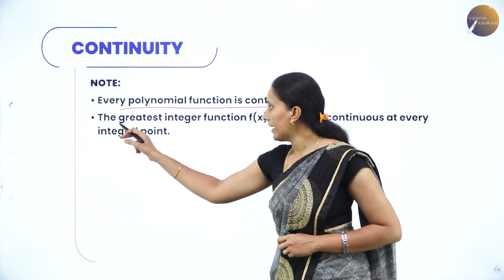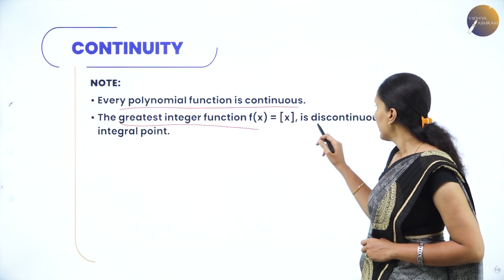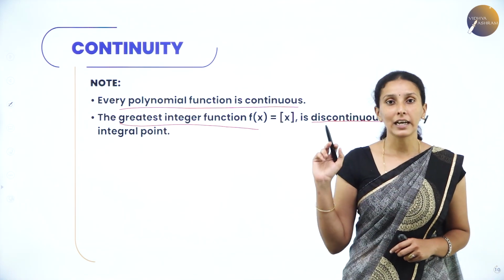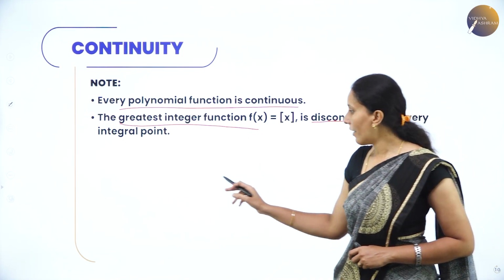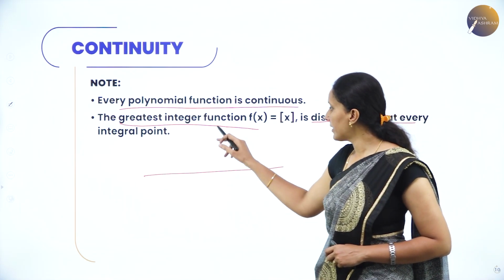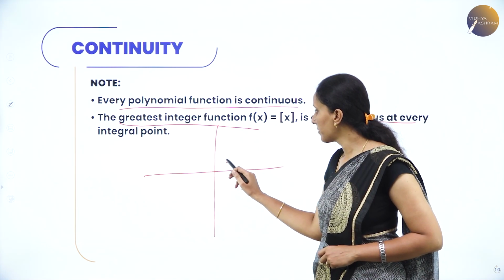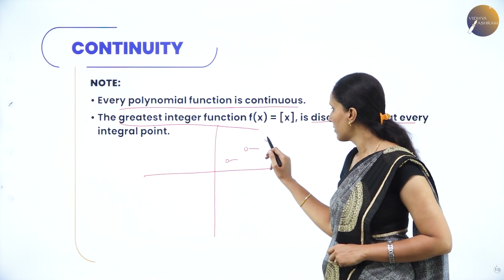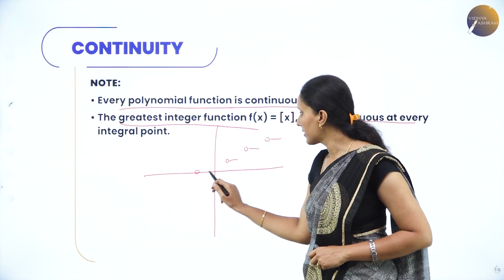Next, the greatest integer function is discontinuous at every integral point. We know that the graph of the greatest integer function will be like this. So here also like this.